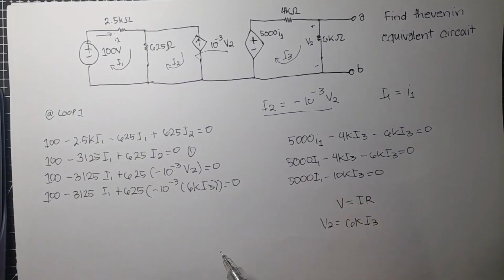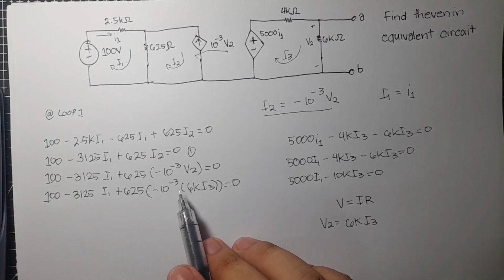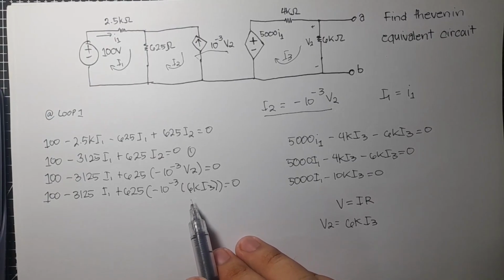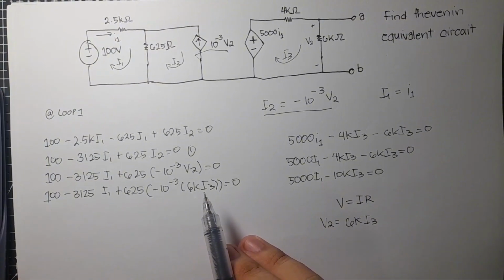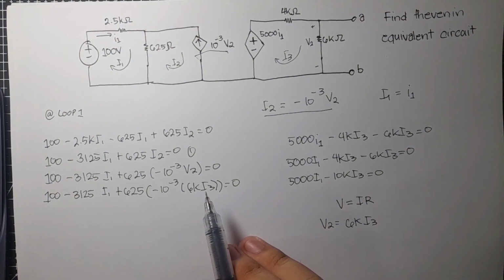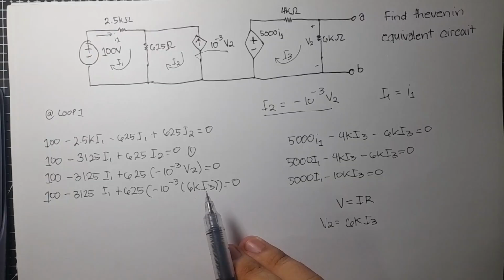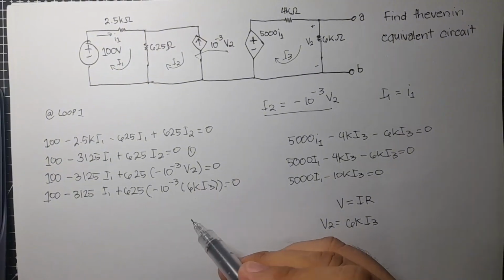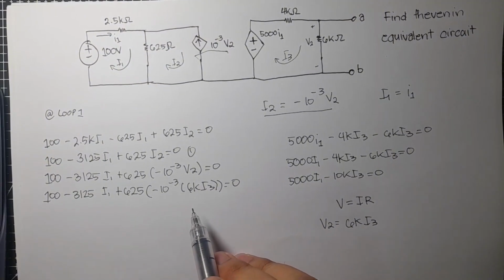So when we multiply 10 to the negative 3 with the 6K, we will get only 6. So the power of 3 will cancel.